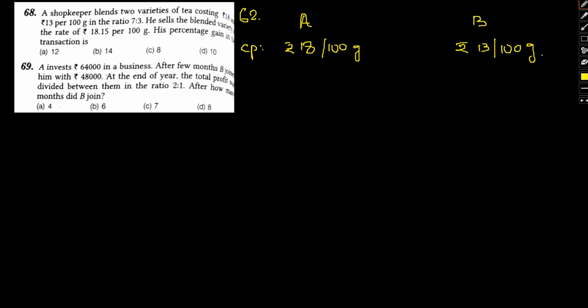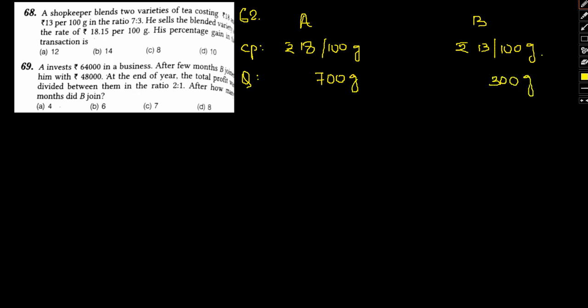Okay, so let him purchase quantity, let this be 700 grams and this be 300 grams.